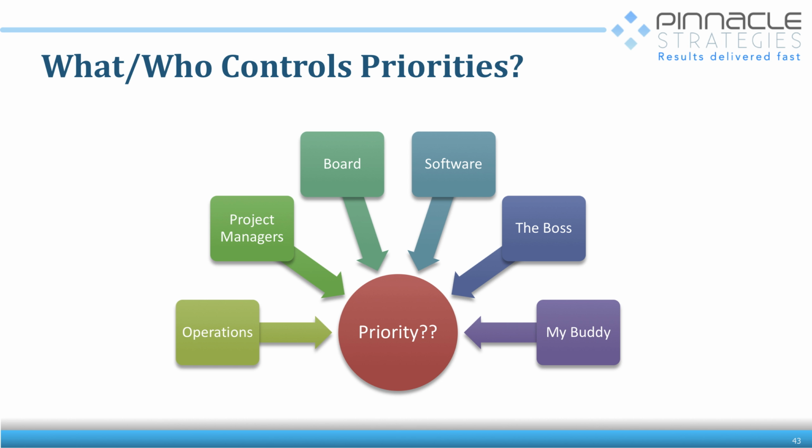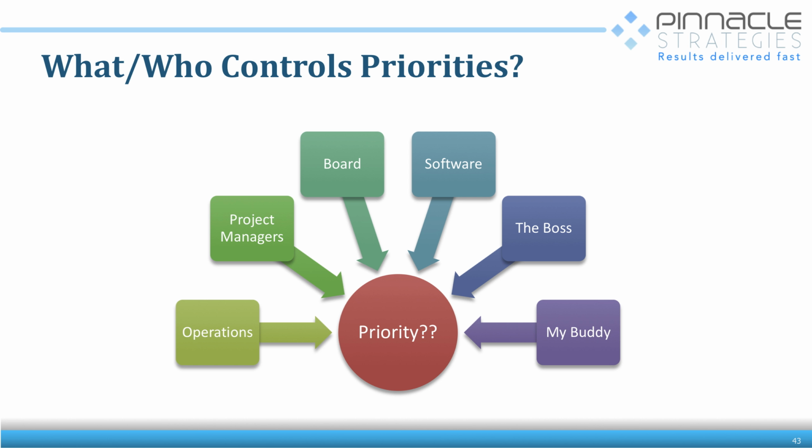I'm the guy in the middle in that red dot. I've got people coming at me from 16 different directions. I know I told you this was the most important thing, but actually the boss says this is the most important thing. And then your buddy over there says, hey, help me out here, I'll buy you a drink, I'll do you a favor, kind of a thing, right?